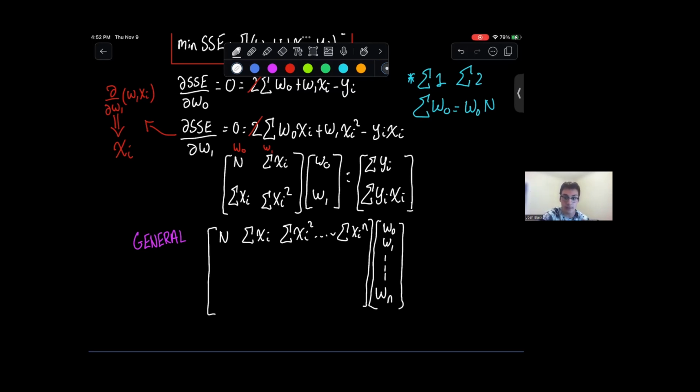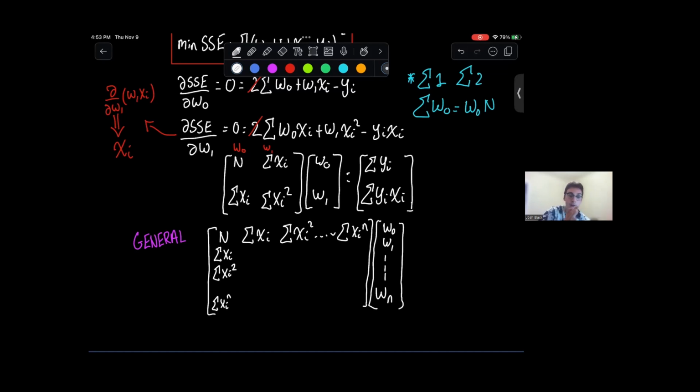The first derivative, which is always going to be my first column, no matter what. My first derivative is just going to be 1 multiplied by every function. Sum of xi, sum of xi squared, sum of xi to the n.